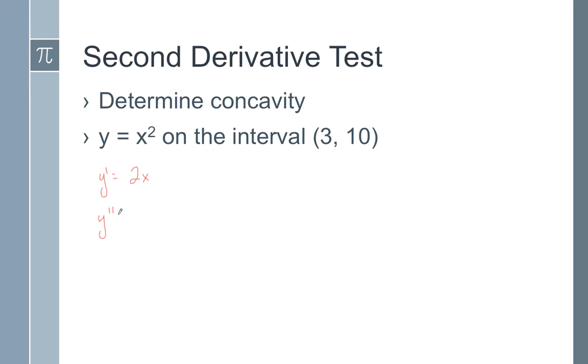I look at y double prime, which is 2. 2 is positive, which means y double prime is always greater than 0, which means this function, y equals x squared, is concave up because the second derivative is positive for the entire interval from 3 to 10.